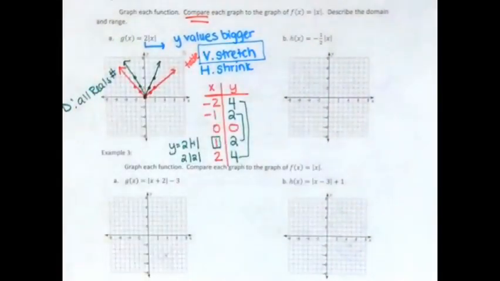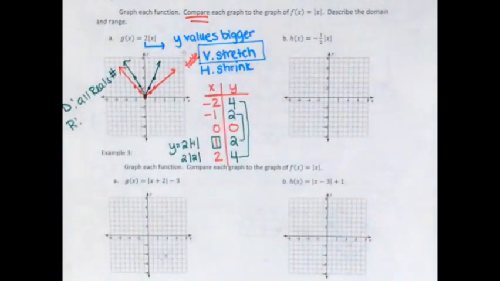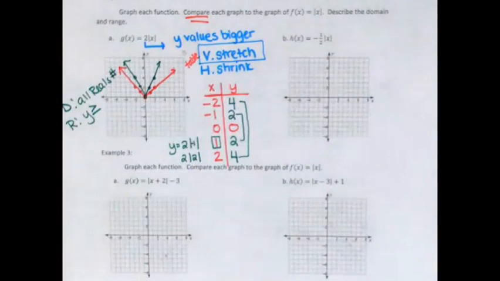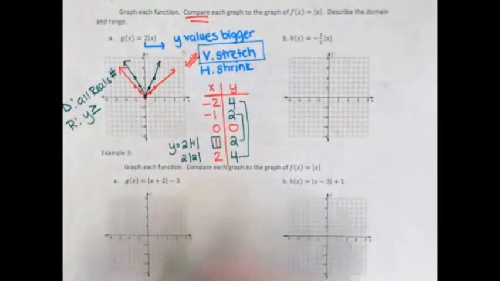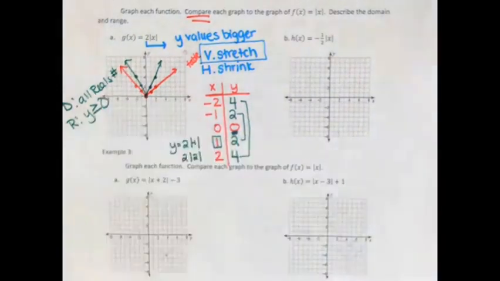Every single person should get that right when I ask domain. My range: does this open up or down? This opens up, so y is greater than or equal to. And what's the y coordinate of my vertex? What's my k? 0.